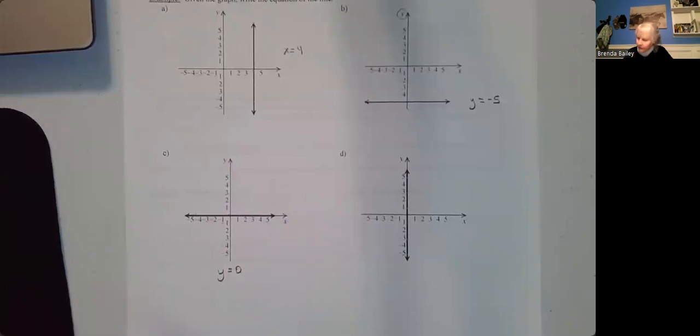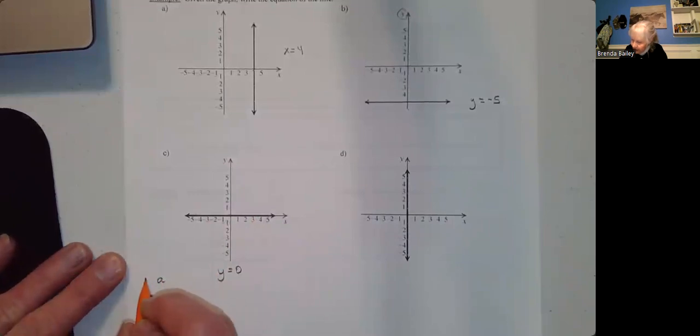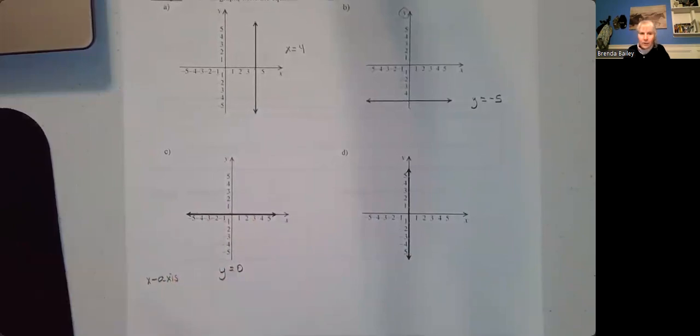Look at the points. This is the point (1, 0). You're not going up or down. (2, 0), (3, 0). So all of these have y equals 0, but the x can be anything. So the equation of the x-axis is y equals 0.